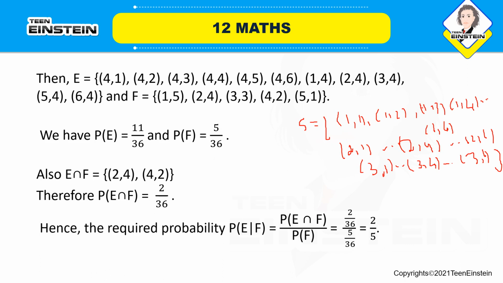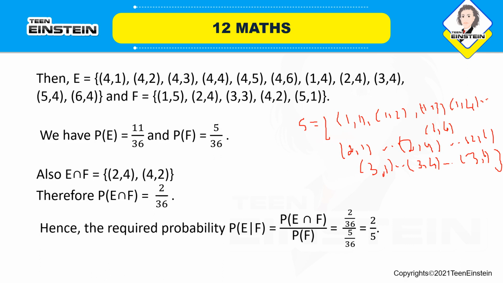Next, let us write the event F, the other event. What is F? Sum of the numbers appearing is 6. I should get the sum as 6. I should get the sum of the two numbers from the first row and from the second row as 6.